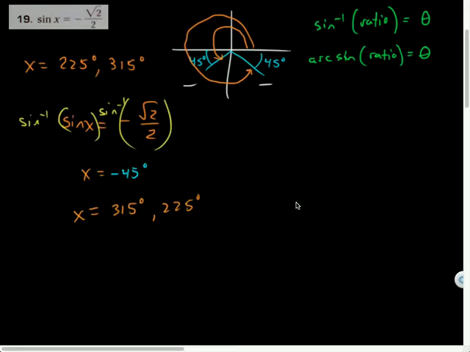The sine inverse and cosine inverse and tangent inverse functions usually have a restricted range. If I recall, I believe sine inverse and tan inverse will typically give you angles between here and here, for the fourth or first quadrant, and cosine inverse will typically only give you the angle from here to here, in the first or second quadrant.